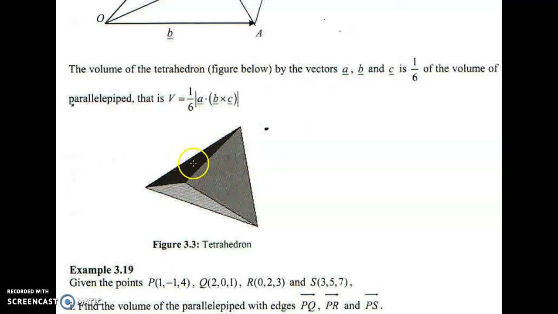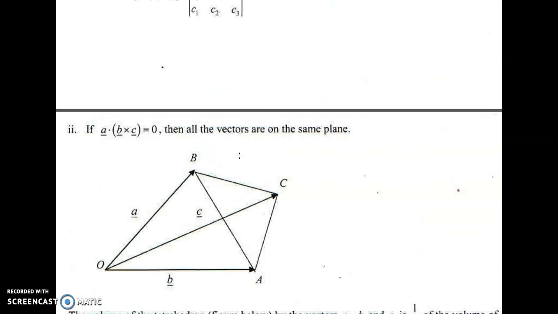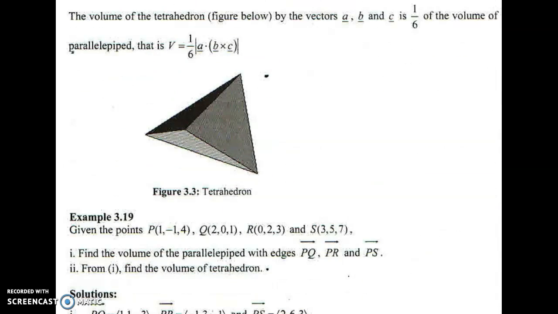This is actually based on the parallel pipe before. If you have 6 tetrahedrons and you combine them, it will become a parallel pipe. Just imagine you have 6 tetrahedron objects, combine them, and you will have the parallel pipe.